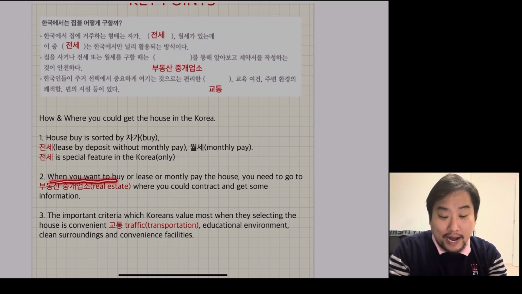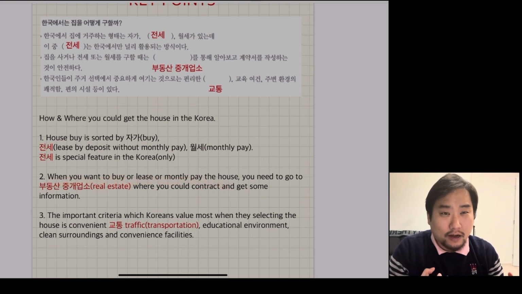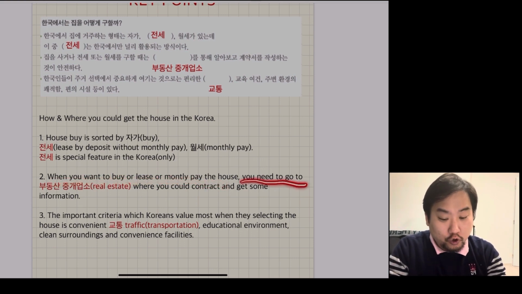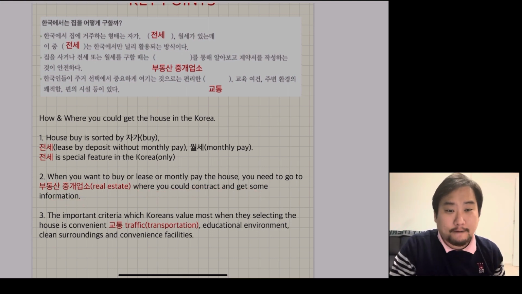And the second one: when you want to get a house, whether to buy or rent, you need to go to a 부동산 중개업소. It is a real estate office where you can contract and get some information about houses.